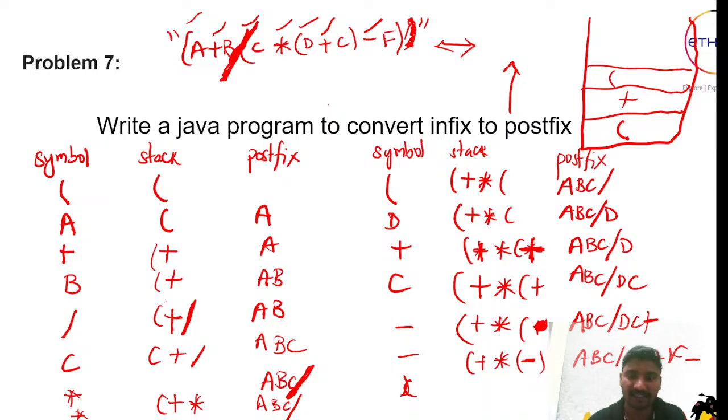Now I need the method named convo, which is of integer type. Sorry, what is it? String type. String convo, which returns null right now. Let me keep it as null.